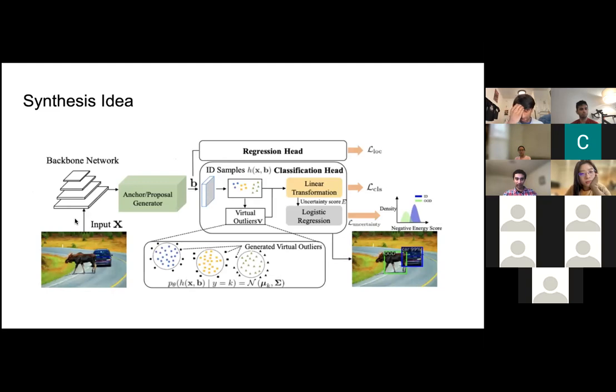The idea that they present, VOS, has two main parts. The first part is in generating outliers, and the second part is in adding a loss term to try and predict whether it's out of or in distribution. So you can see here we have an input and the backbone network, which will produce some kind of hidden representation. Then we plot this in this space and cluster around different classes.